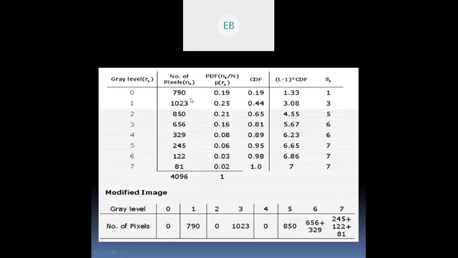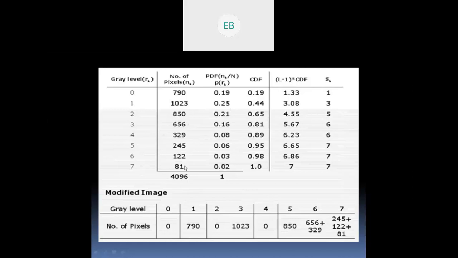The probability is the number of pixels of a particular gray level divided by the total number of pixels, that is nk by capital N. So for gray level 0, the probability is 790 divided by 4096, that is 0.19.